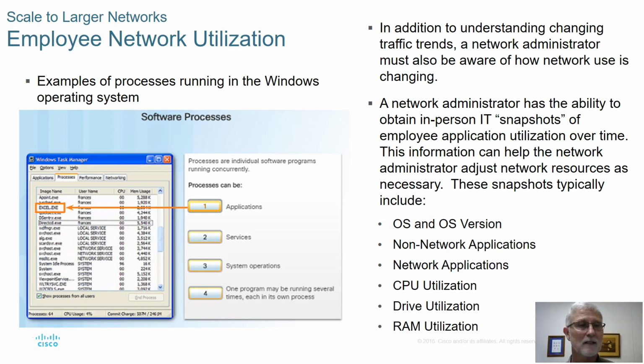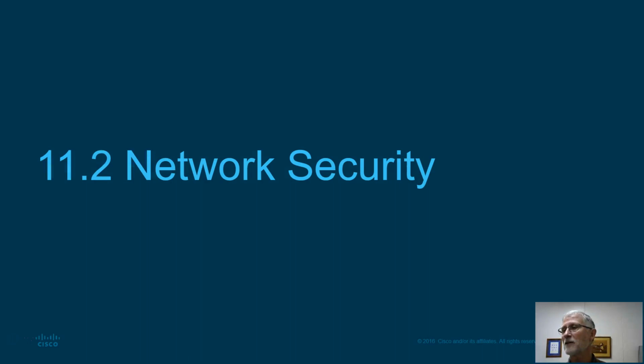There are different tools that can be used to take a snapshot of a particular employee: application services, operating system, what times of the day they are running, how much CPU they are using, how much of their disk drives, how much memory. All of these are network utilization that you, as an IT designer, need to take into consideration.